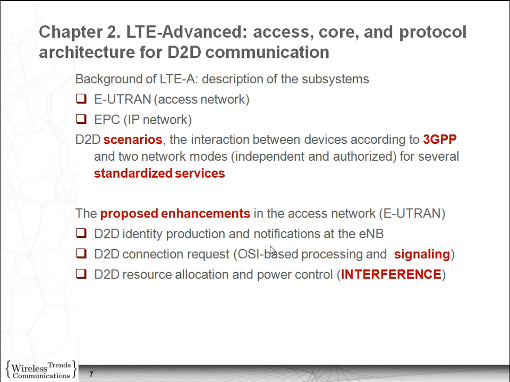I think the most important aspect that they discuss here is that resource allocation and power control are very important, because they are thinking that they are going to reuse the same frequencies for the cellular network and for the device-to-device communication. In this case, we have interference, and when we have interference, efficient power control makes sense. If we have isolated bands for the D2D and for the cellular communications, then we just want to know what is the best way to perform the resource allocation for both communications that we have.